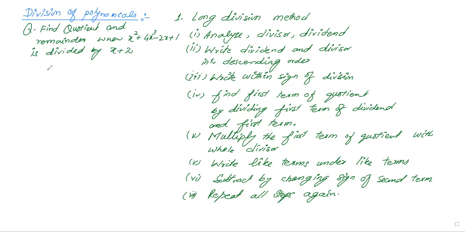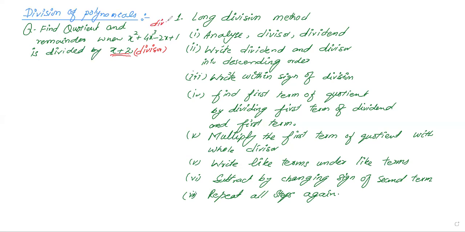I will read the steps, then follow them, and then move forward. Starting with the red marker, the first step is to analyze the divisor and dividend. Whenever you have the statement of the question, the expression after the words divided by is called the divisor, and the first expression is called the dividend.